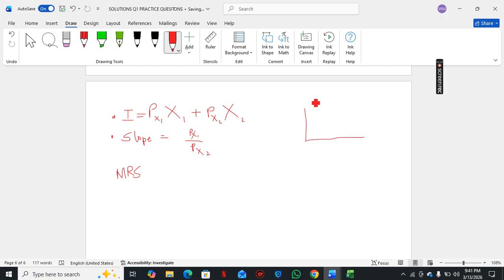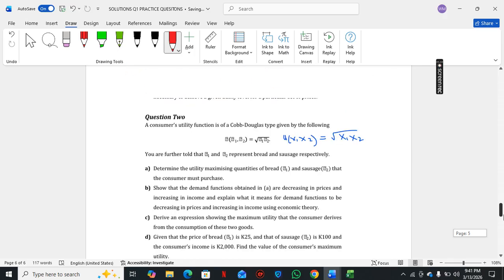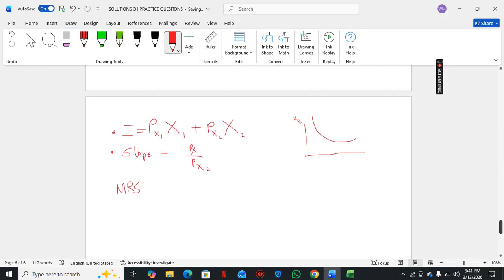You have the indifference curve like this, with sausage on one axis and bread, X1, on the other. As you go down this curve, you're giving up sausage to get bread. That's what the marginal rate of substitution is: how much sausage you give up to get bread.